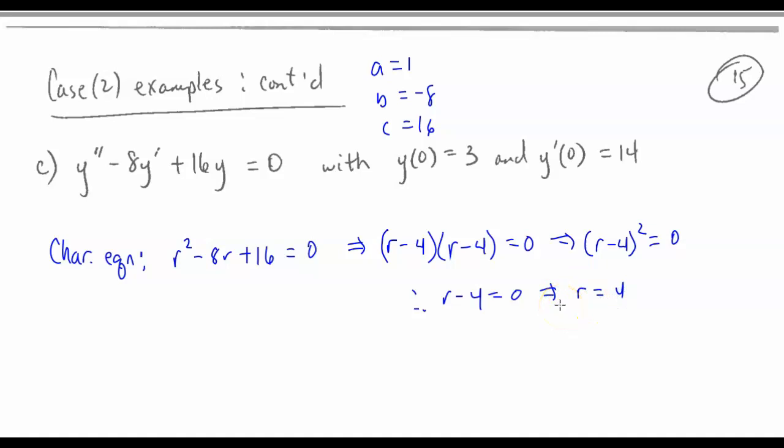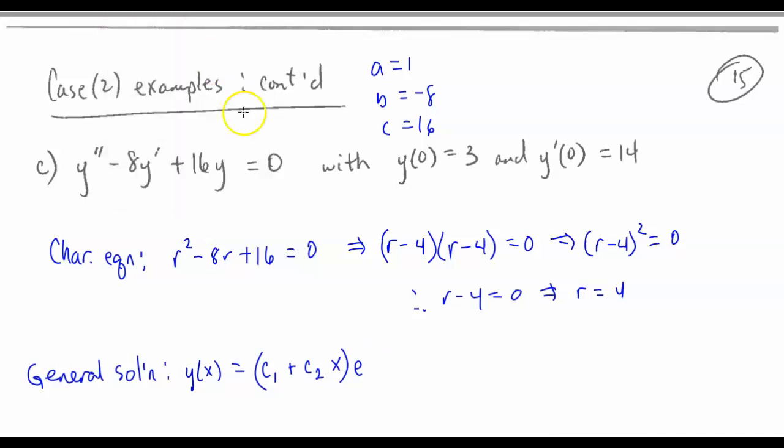Okay. So because of that, my general solution is just going to be y of x is equal to c1 plus c2 times x, and this is going to be e raised to the rx, but of course my r here is going to be 4. Okay.